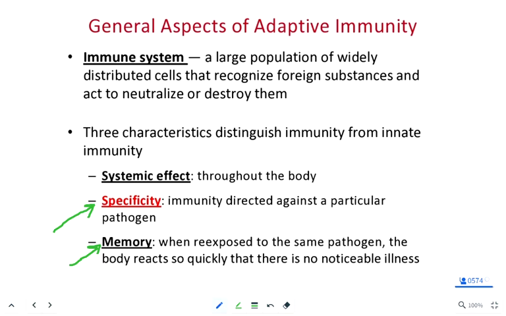One of the reasons why we're constantly sick around the holidays is because we're exposing ourselves to people from far away that have novel pathogens that we don't have immune memory to. And then finally, it's worth mentioning, there's the systemic effect. Our specific or adaptive immune system is going to act body-wide.